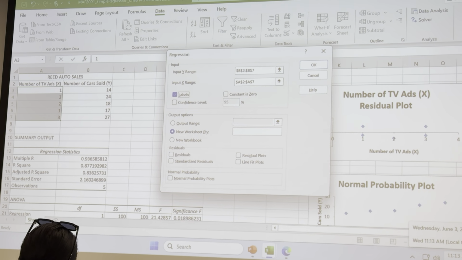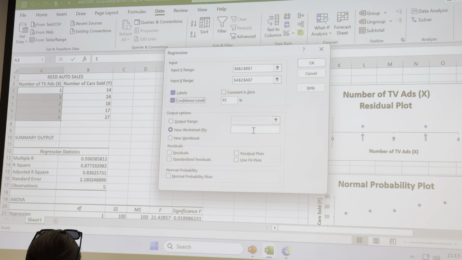Now, I want confidence intervals also. The default is 95%. But if you want 95 and 99, you can have 99, just change to 99. Output range, okay, sorry.